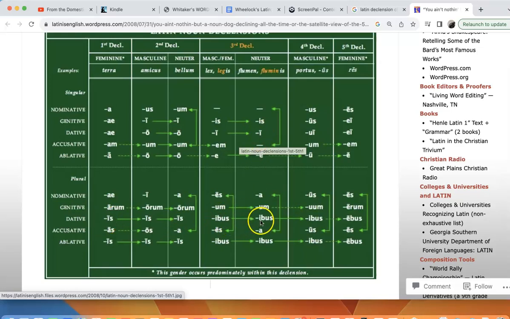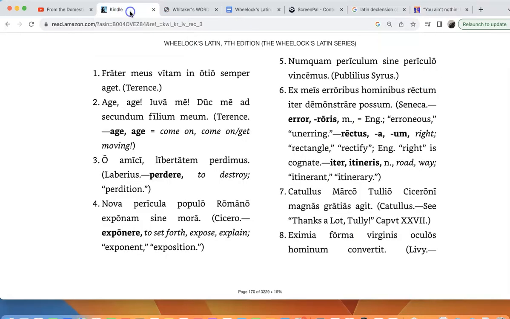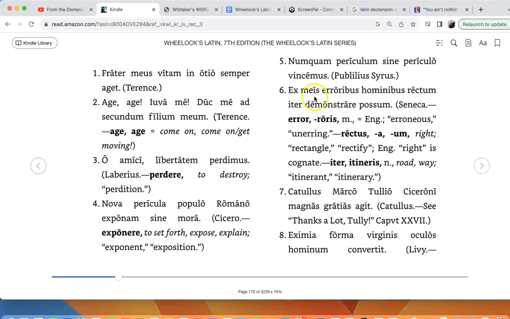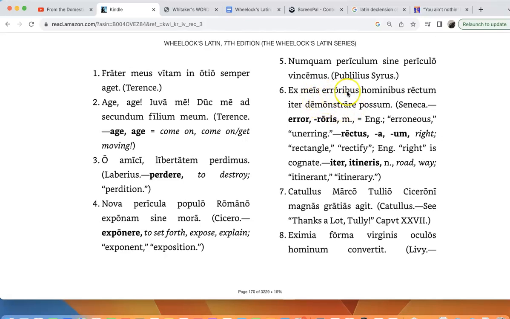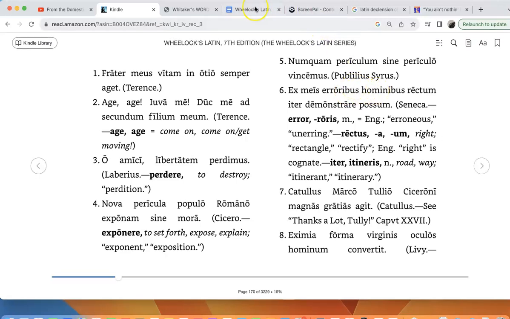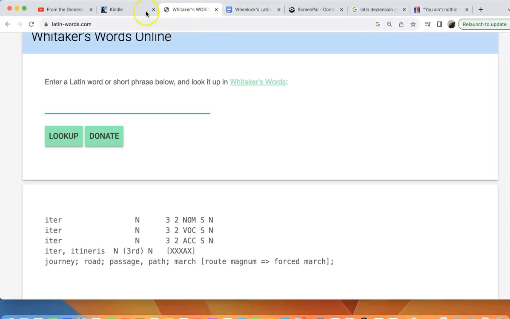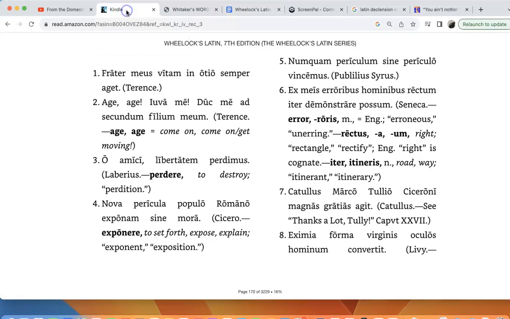So here's our ablative, -ibus, but then meis, because my is a first, second declension adjective ending. And so we put it all together: I am able to demonstrate the right way from my human errors. What does that mean? Well, of course, we all make mistakes, but hopefully we are learning from them. Okay.